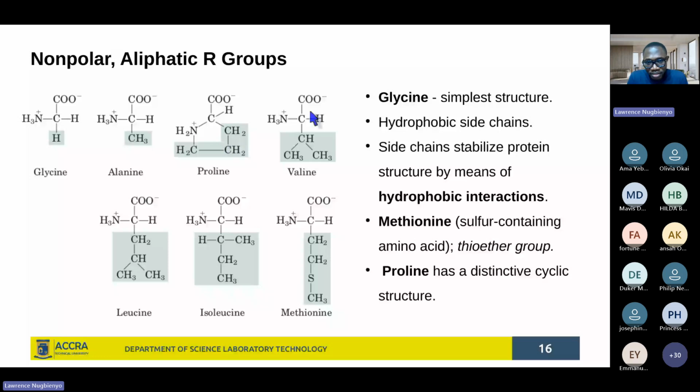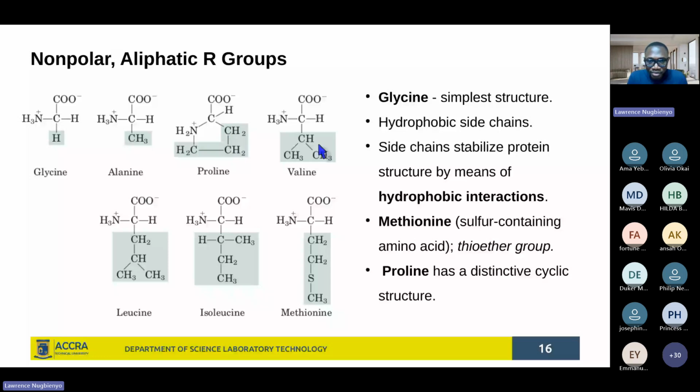Valine, we see that also. So you see that it is just addition of carbon atoms. If you see from glycine, there was one carbon added on that alpha carbon, and you have a methyl group CH3. Then when you go forward, proline, you see more carbons are added there. There's another CH2 and then a CH2 forming that cyclic structure there.